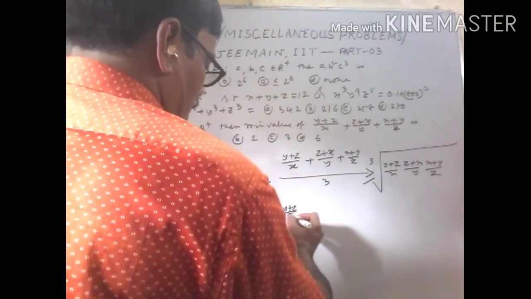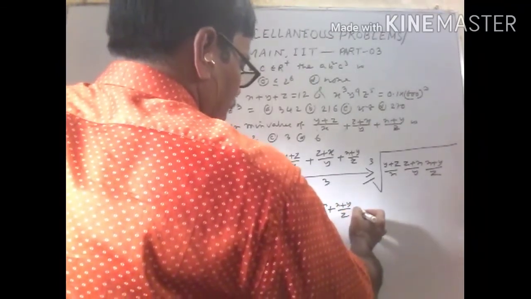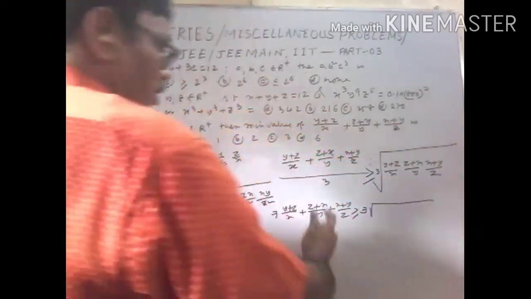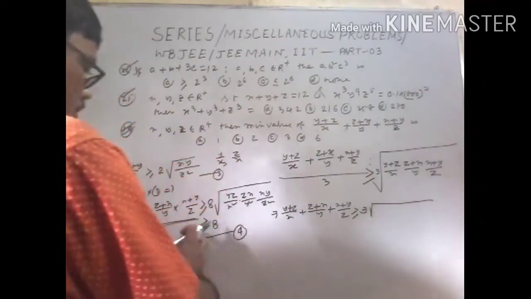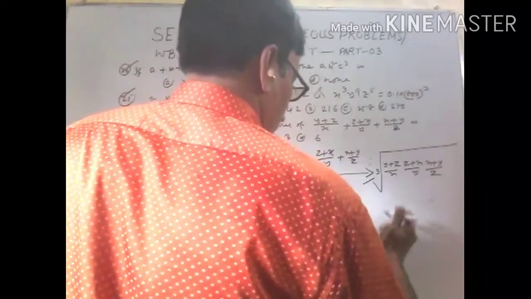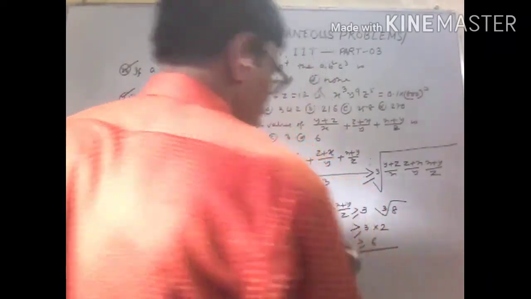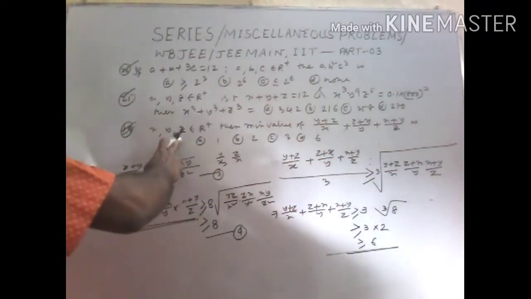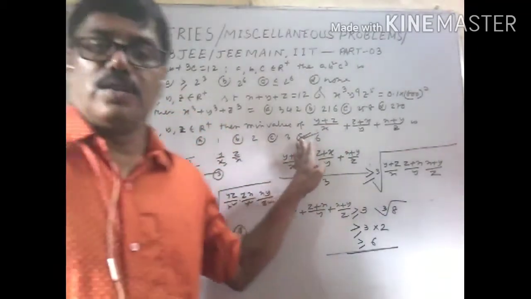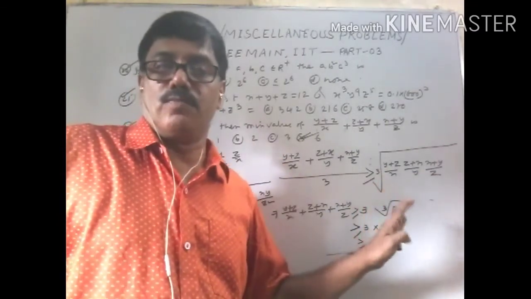So (y plus z) by x, (z plus x) by y, (x plus y) by z is greater than or equal to 3 into the cube root of 8. So it is greater than or equal to 3 into 2, which is 6. So if x, y, z are positive, then the minimum value of this equals 6. Look, we have to use AM greater than GM 2 times.